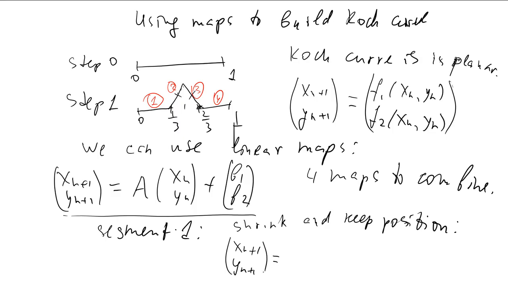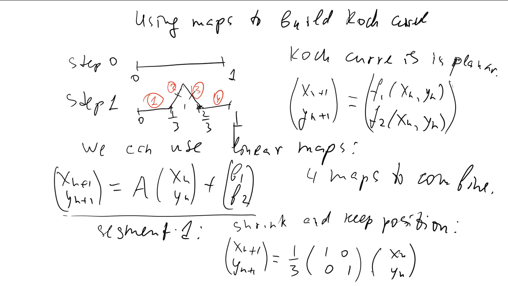Yeah, for the two-dimensional case it is 1/3. And if we put here identity matrix 1, 0, 0, 1, xn, yn. So what do we get here?